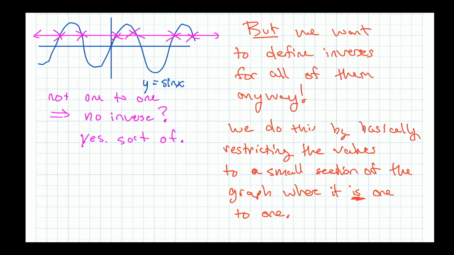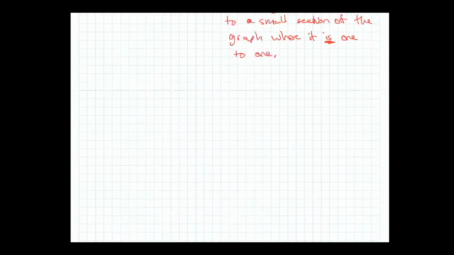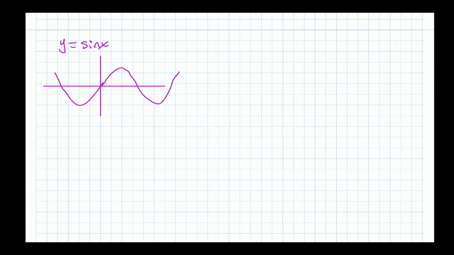Now, I'll show you how that looks, but we're not going to make a big deal out of it because we don't need it for what we're really doing. Like the original sine x function, we already just drew it, but I'm just going to sketch it real quick. Right? Not one-to-one.